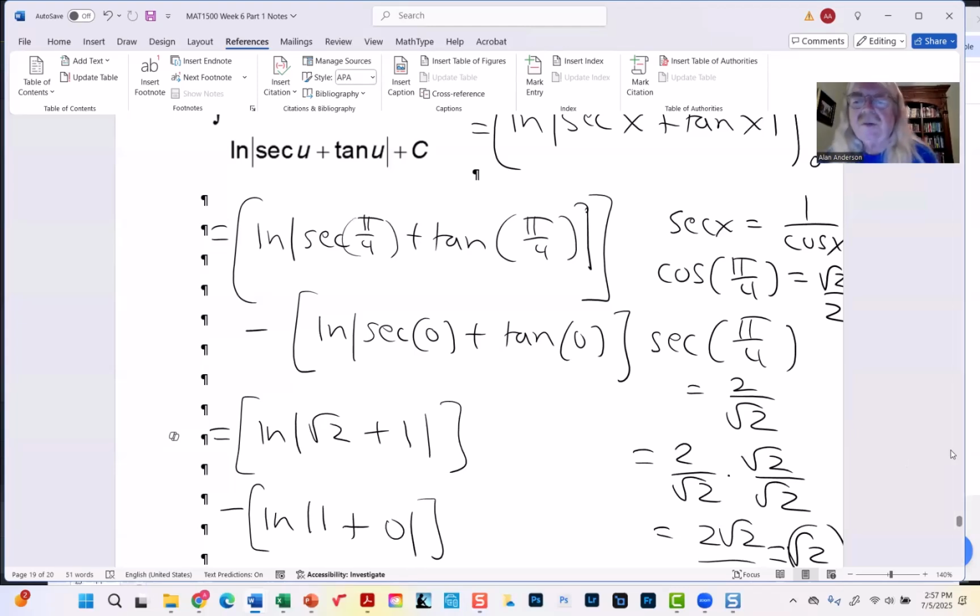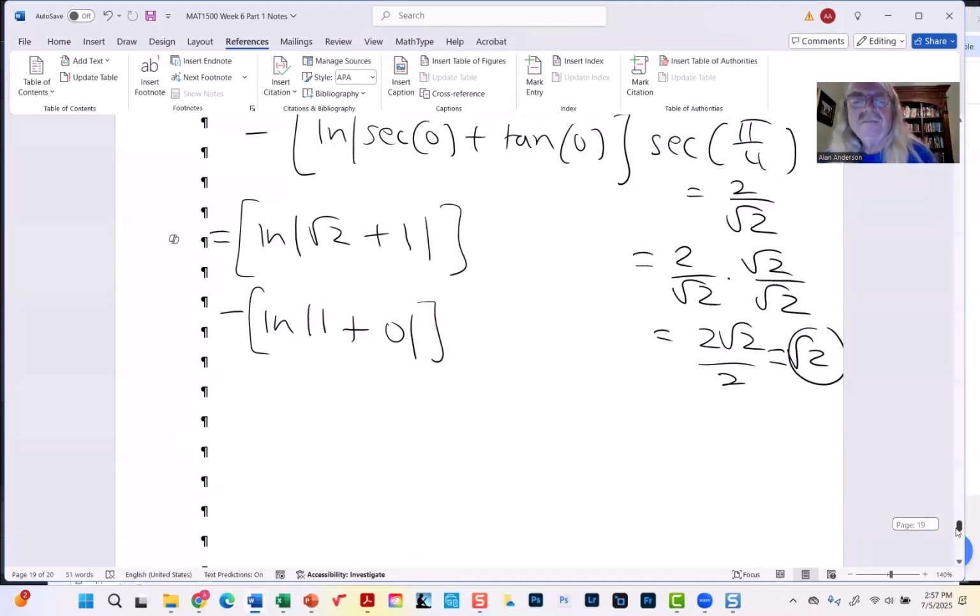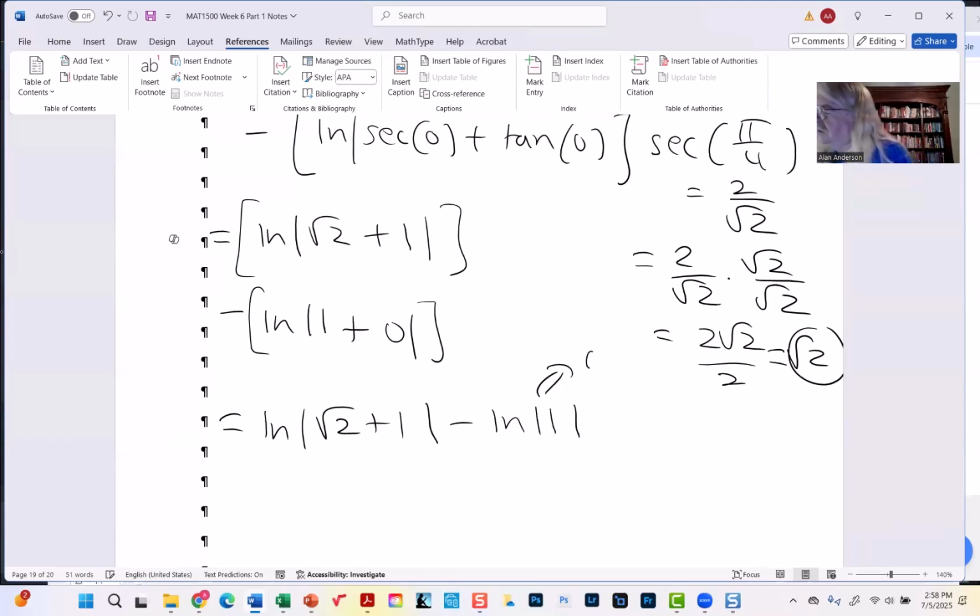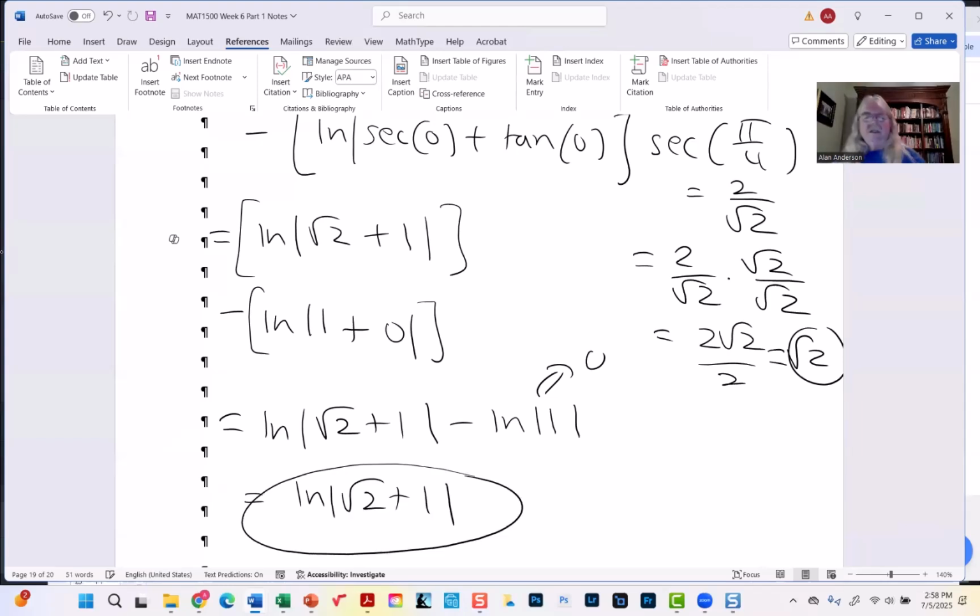And so here's what we have. The log of 1 is just 0. So ultimately, the final answer would be right here. And we don't have the constant because this is a definite integral.